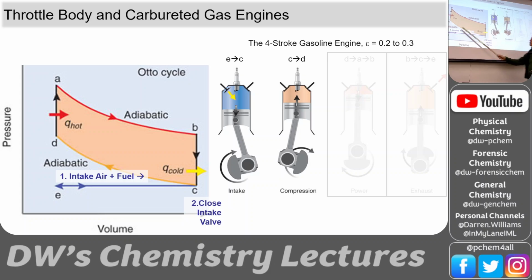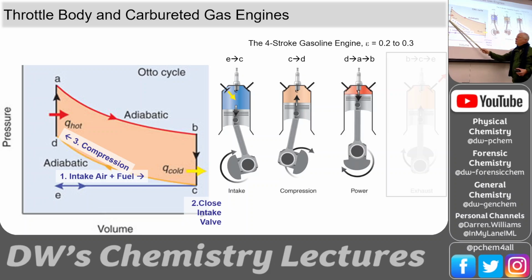When it gets here to the minimum volume, okay, that's compression. When it gets to the minimum volume, we spark the spark plug. Okay. So you see right here, a little spark plug burns, D to A, that's going up in pressure and temperature. And then we have the power stroke. So this is when it really shoves the engine.